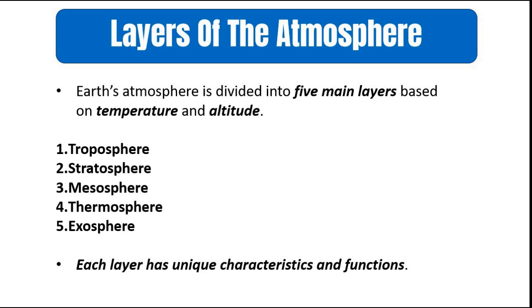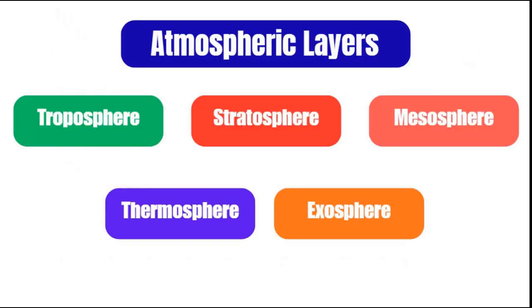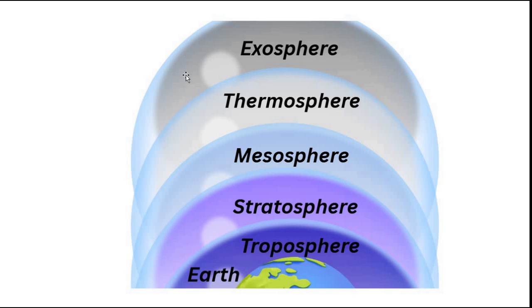These five layers are the troposphere, stratosphere, mesosphere, thermosphere, and exosphere. Each of these atmospheric layers has its own unique set of features and characteristics. So the whole atmosphere can be divided into five layers, starting from the troposphere, which is the lowest layer, then stratosphere, mesosphere, thermosphere, and exosphere.